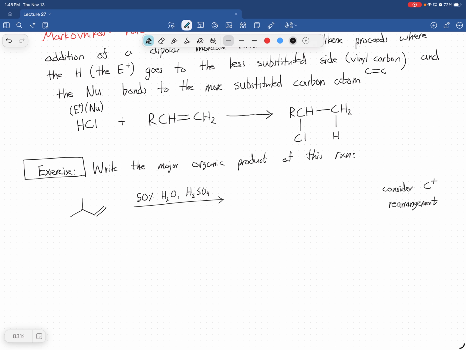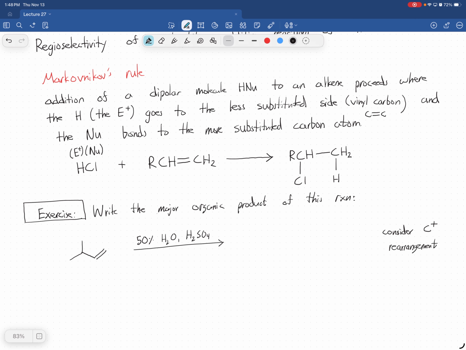Remember the double bond here? See this double bond?